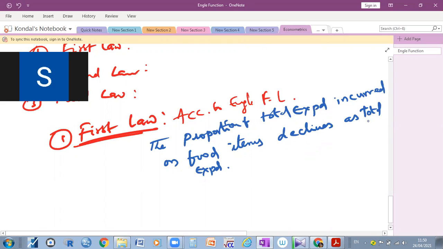Here the total expenditure is a proxy variable for income.